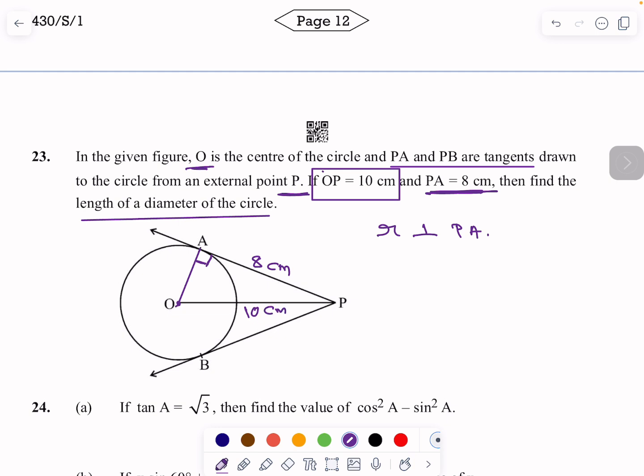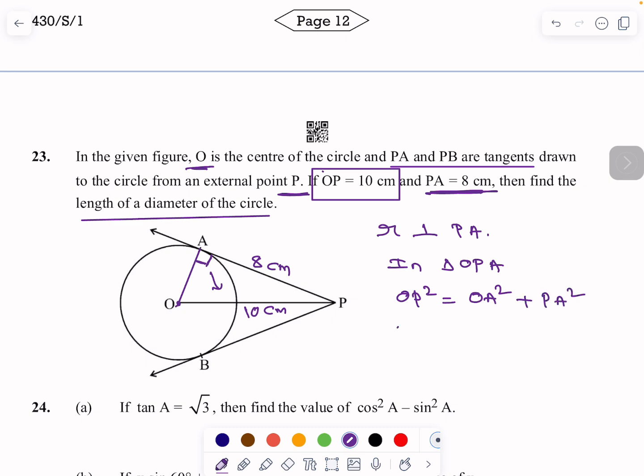OP is 10 centimeter. In triangle OPA, apply the Pythagoras theorem. The side opposite to the right angle is called the hypotenuse, right? So OP square is equal to OA square plus PA square.